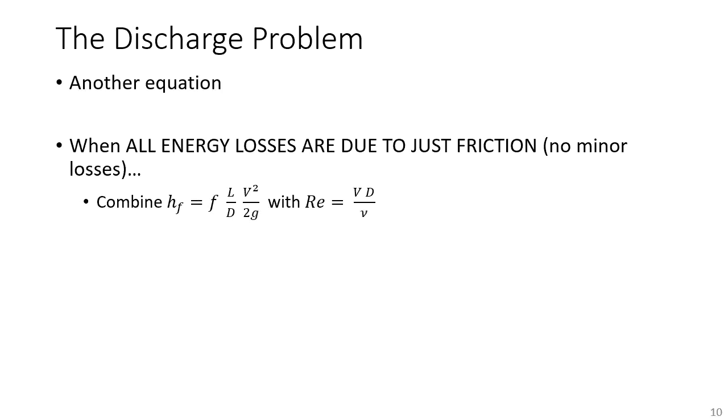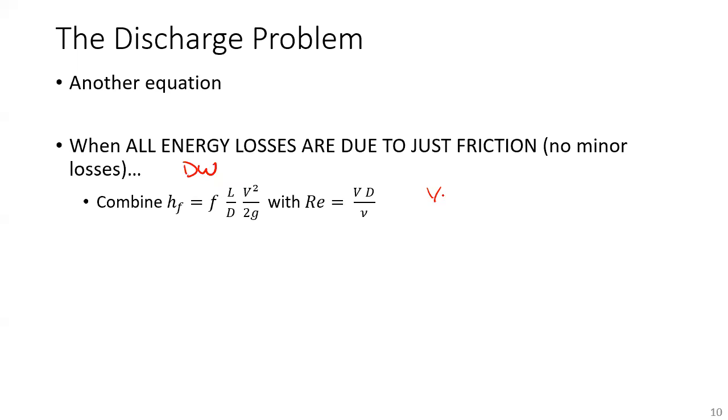When that's true, one thing we can do is combine the Darcy-Weisbach equation with the fundamental equation describing the Reynolds number. So for example, we could solve the Reynolds number equation for velocity, and then substitute that into the Darcy-Weisbach equation.